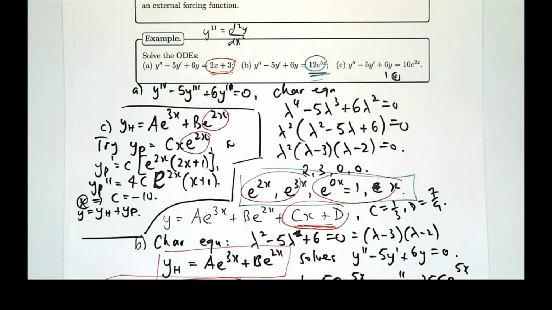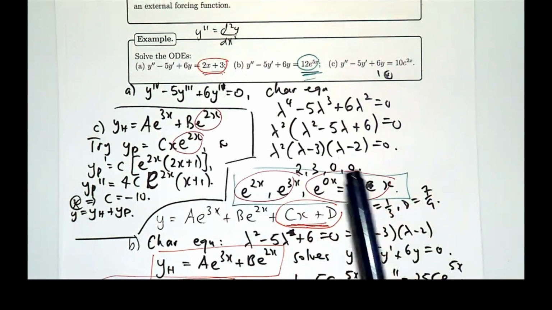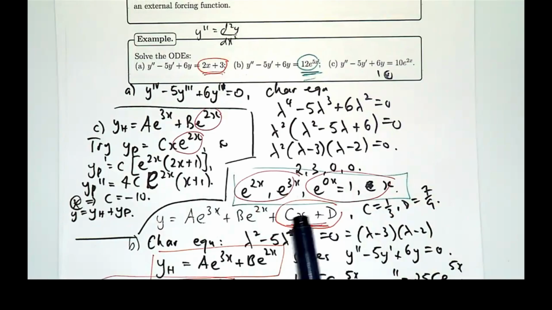Can anyone suggest, if I'm looking at this equation here, and I have that, how can I get values for C and D? I've listed them here. Anybody know? Anyone know? Yeah, up the back.